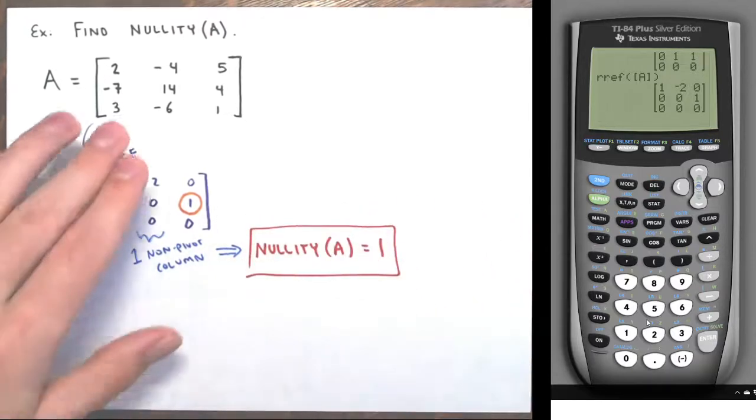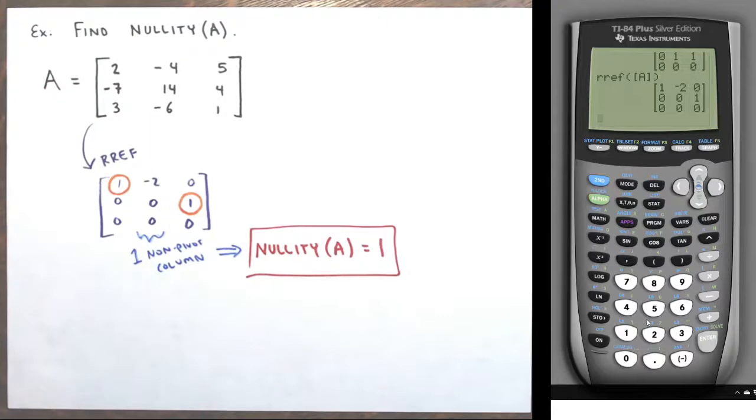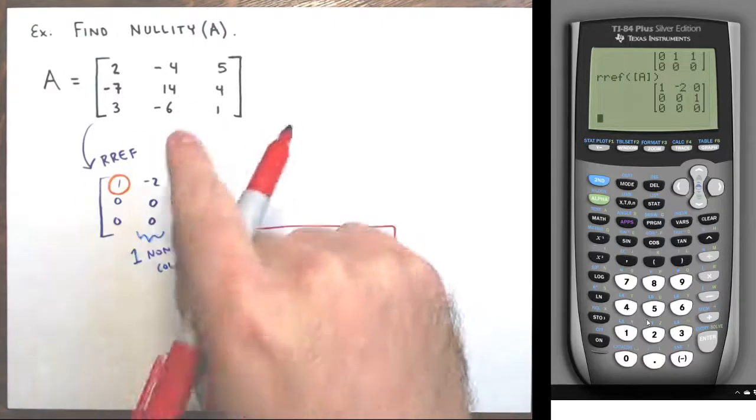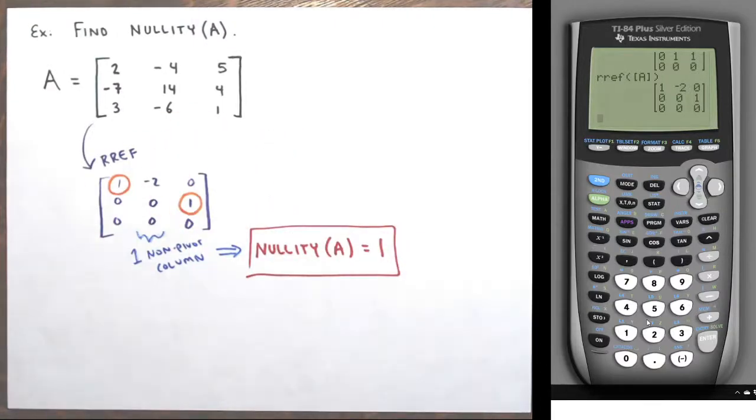If that's all I'm asked to find, this is as quick as it gets. Now this doesn't tell me what a basis for the null space is. I'd actually have to go through and find the solutions to that AX equals 0 equation. But it tells me that when I go to find a basis for the null space, the basis that I find had better have one vector in it, and only one vector.